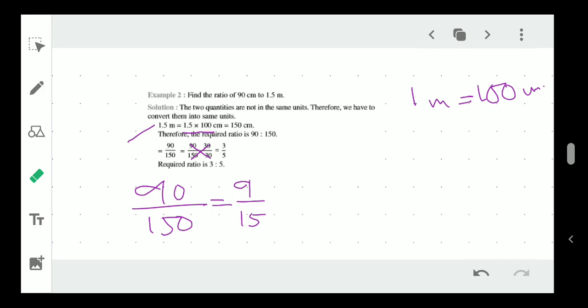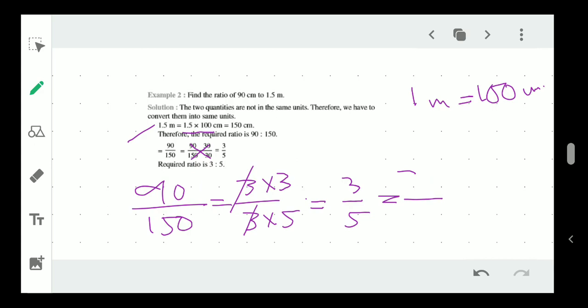Now 9 and 15 are there, so instead of 9 I can write 3 into 3, and instead of 15 also I can write 3 into 5. So 3 is gone, so my answer is 3 by 5. So my ratio is 3:5.